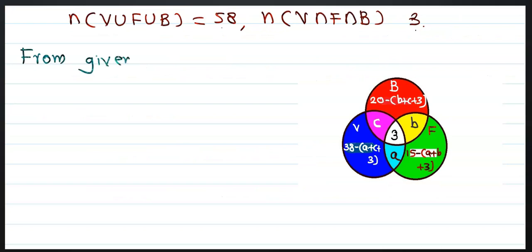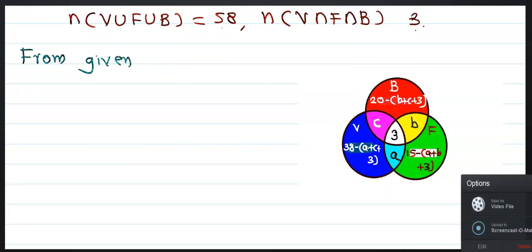Now see this figure. From the given figure, B is for basketball, V for volleyball, and F for football. Now see small a, small b, small c. These are the students who got medals in exactly 2 of the 3 sports.